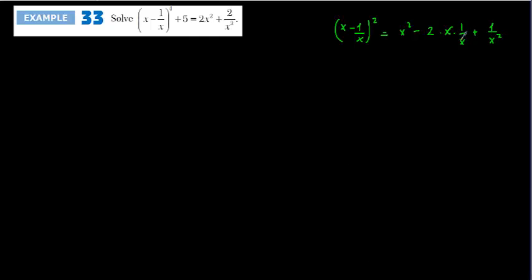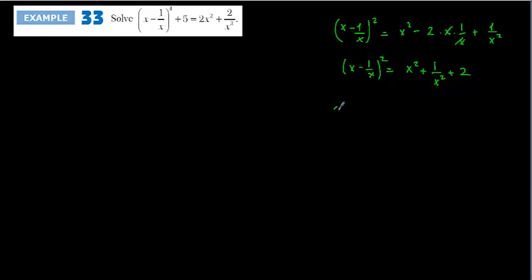And if I simplify this, x minus 1 over x squared is equal to x squared plus 1 over x squared minus 2, it's going to be. But again I'm repeating, here the term is not x squared plus 1 over x squared. The term is 2x squared plus 2 over x squared.